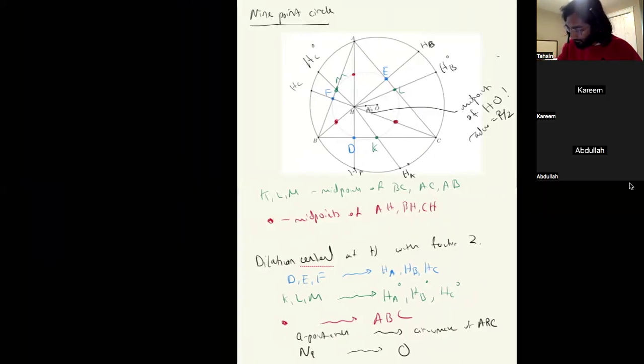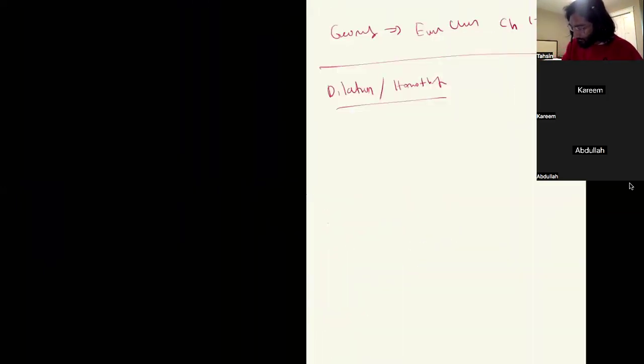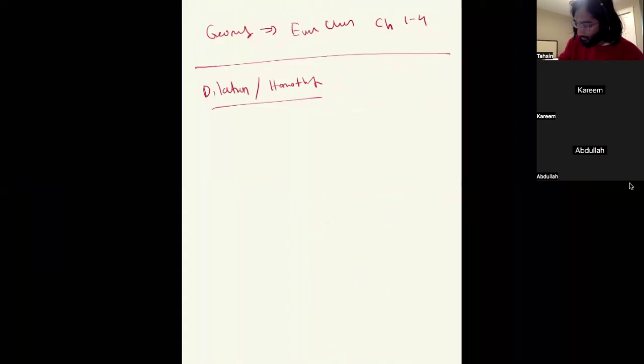This is maybe the first instance, factor 2 around H. And then there's the second very important dilation, which I think shows up in chapter 3. So this is in chapter 3. This one is also in chapter 3. And this one is like this.